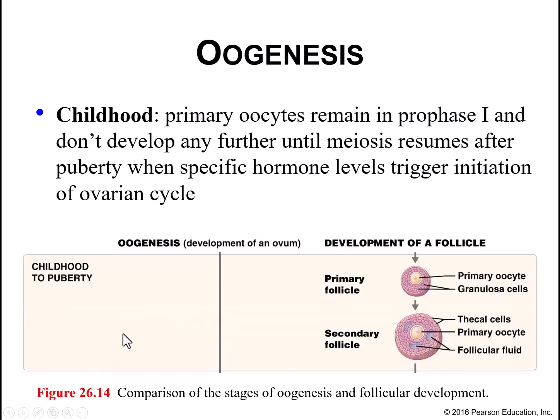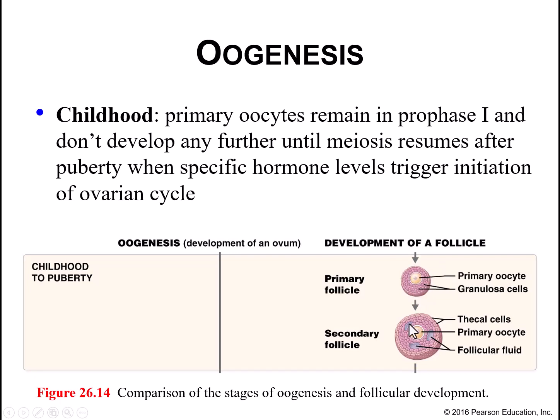After birth and until puberty, nothing happens with our ovums. It sits in that primary oocyte phase, but we do get some follicular development between childbirth and puberty. We get stratification of the granulosa cells here, where we become a primary follicle.